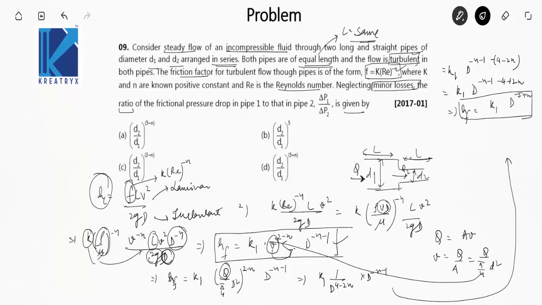If I multiply rho g on both sides, can I say that I will get pressure drop? Yes, because hf is equal to delta p by rho g. So if I multiply hf into rho g on both sides, that will give me pressure loss.